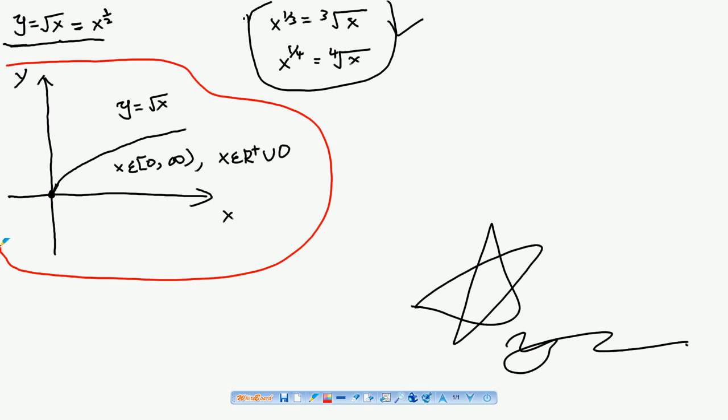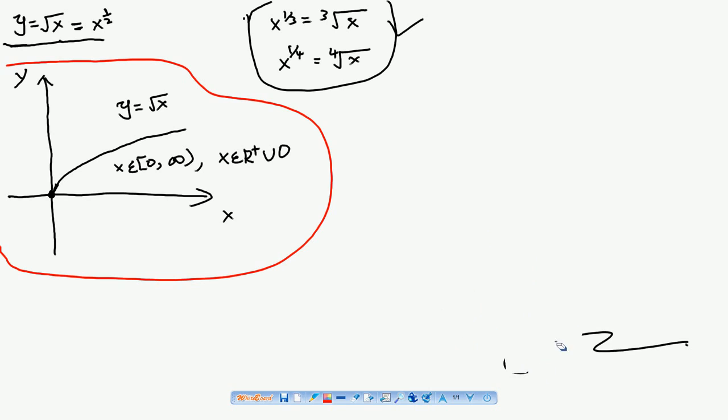Now we can sketch the complex form of the square root graph using the standard graph by the method of transformation. I'll do an example here.